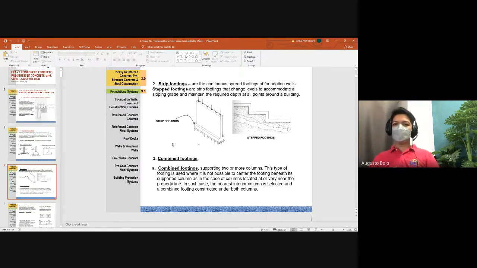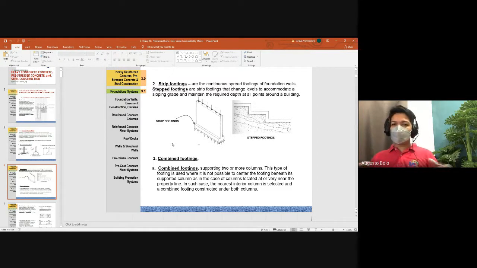Naka-experience na ba kayo ng ganon? Di pa naman. Halimbawa, ang dalawang columns, distance niya ay 1.5 meters. And then it so happened that your footing is 1.2 by 1.2. Definitely, sa ilalim, pag gumagawa kayo ng plano, overlapping na siya. Mag-o-overlap yon. So, the suggestion would be, it becomes combined.